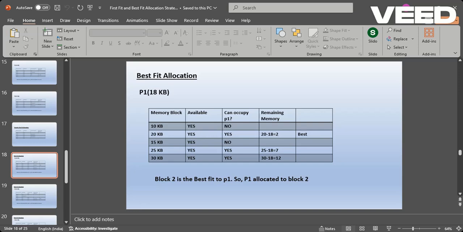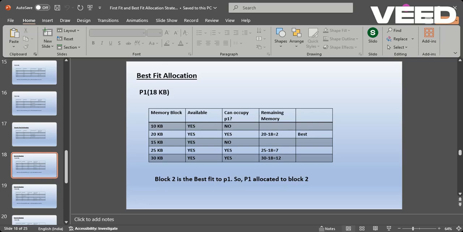In the case of best fit, we need to compare every memory block. 15 KB is not enough to store P1, then the next block, 25 KB, is enough to store P1. The memory wastage is 25 minus 18 equal to 7. Then the last block, 30 KB, is also enough to store P1, so we need to calculate the memory wastage.